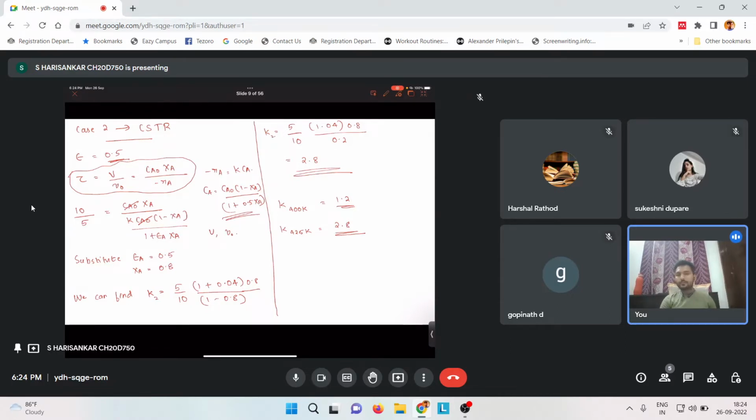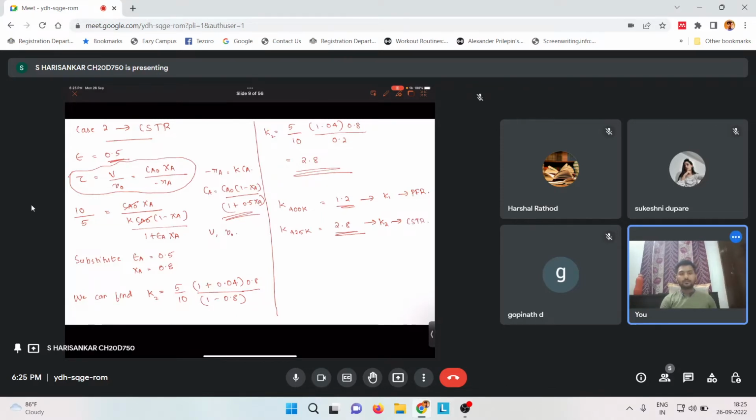So this K2 will be 2.8. Okay. So to avoid confusion, we can even write K. So this is K1, which is K at 400 Kelvin, that is 1.2 for PFR, and this is K2, which is K at 425 Kelvin, and that is 2.8, and this is for CSTR.